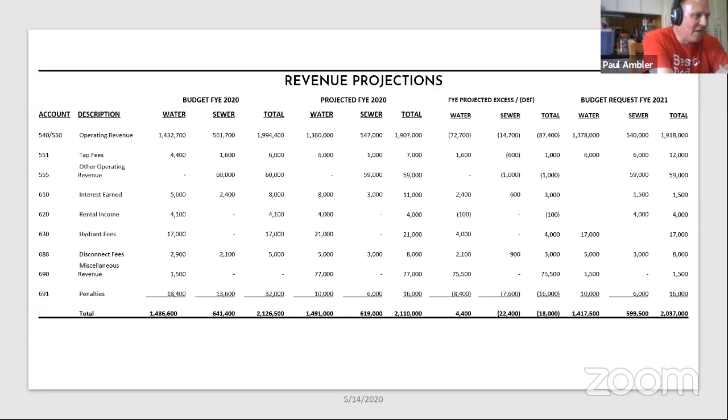Isn't the 6,000 rather optimistic then on that line item? Yeah, I would say it probably is, but my point is that with interest rates low, we do see some construction.